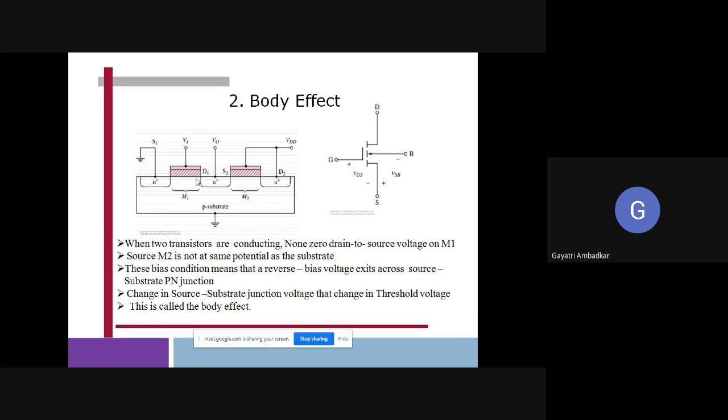If you remember, please brief it. The slide is there in front of you. We have explained and revised also. Yes, Piyush. Come on, quick, unmute yourself and tell me what this body effect is. If you don't know, say I don't know.